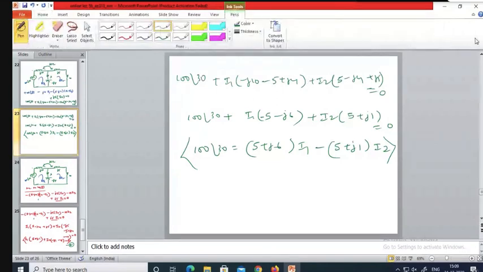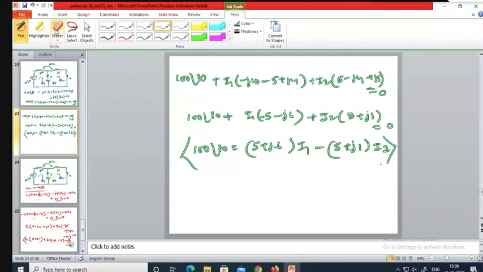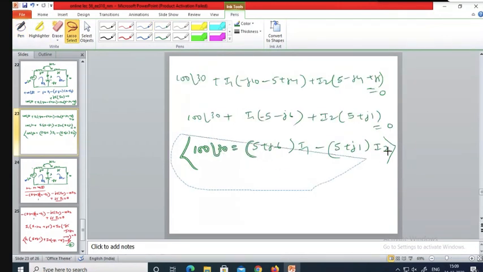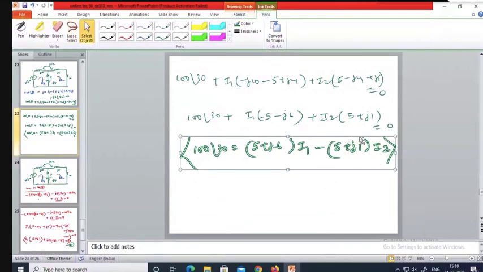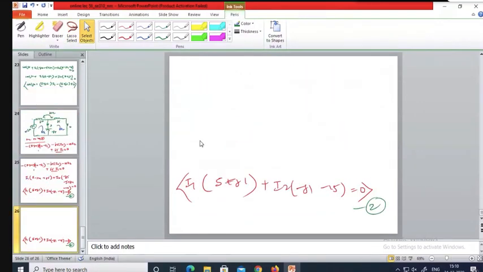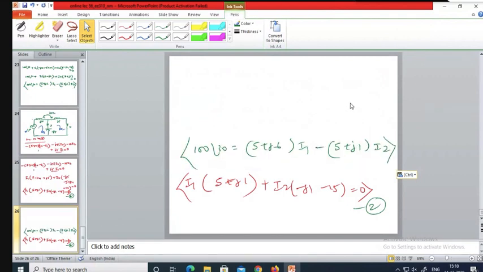Okay, so you have to take this equation, which is 1, compare this equation 1 and equation 2. So what is common here? Common element you can check here. This is the factor which is common. I'm writing here 5 plus J1, it is common.